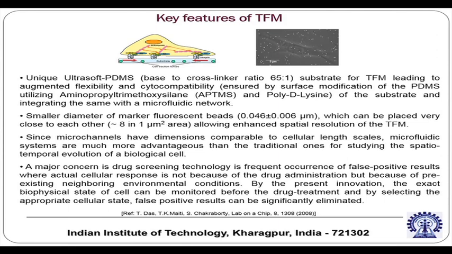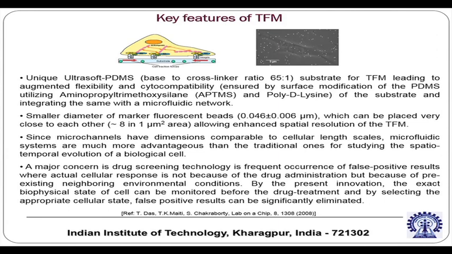Instead, you make ultra soft PDMS, which is quite difficult to make, with a base to cross linker ratio of 65:1. Then you make the substrate more cytocompatible, that is compatible with cells, by modifying the PDMS substrate using APTMS and polylysine. And you have to integrate this with a microfluidic setup.